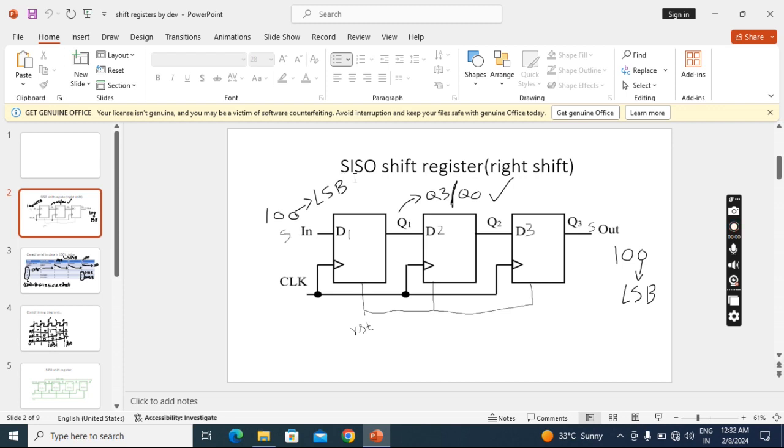In a serial in, serial out shift register, to get the same data after shifting at the output side, we need to apply 2n-1 clock pulses. Here n equals the number of bits in the data. How many bits? 3 bits. So n equals 3. So to shift this 3-bit data, we need 2n-1 clock pulses.